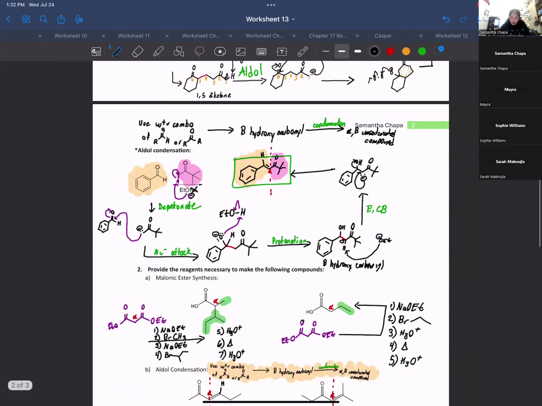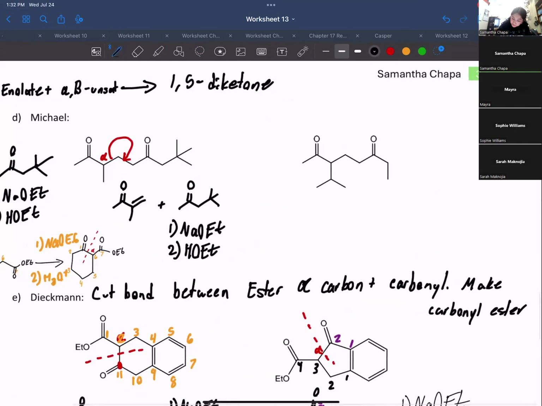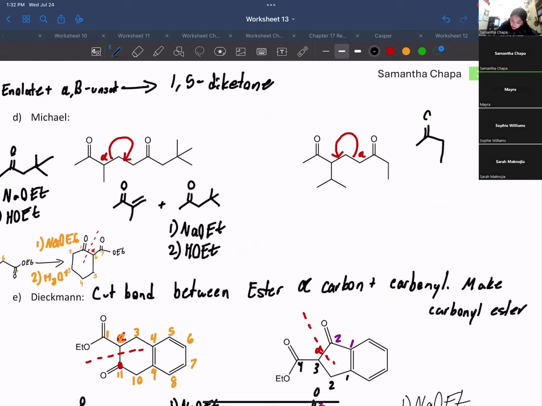Okay, so let's see what you got for this. Identify your alpha carbon, put the electrons from that bond onto your double bond. And so my two groups that I should have are this one and the unsaturated part that looks like this.